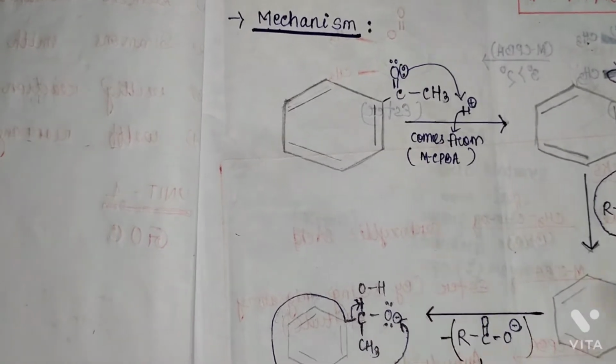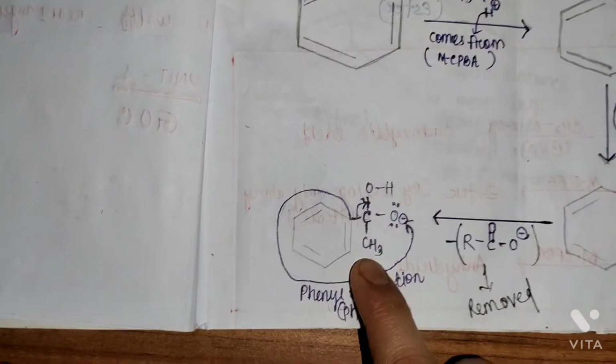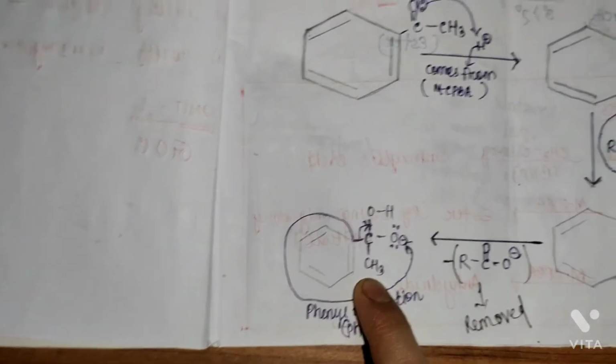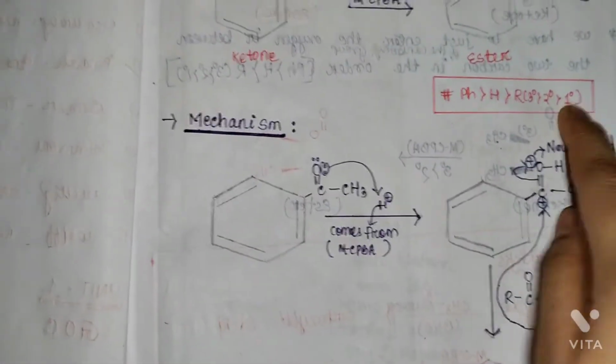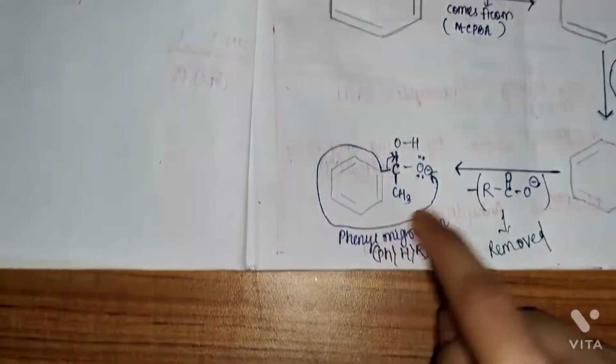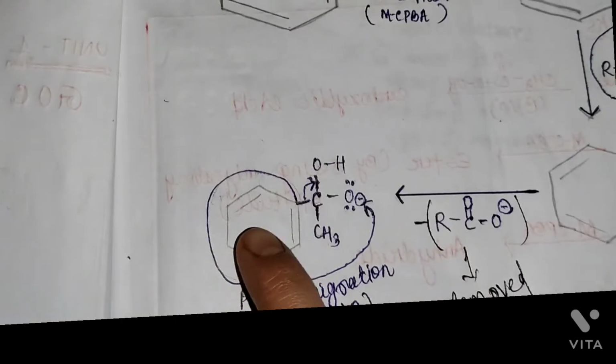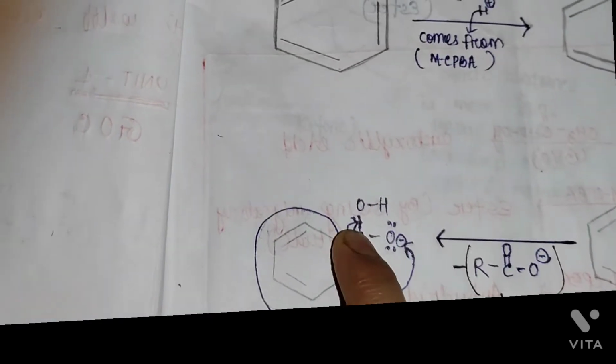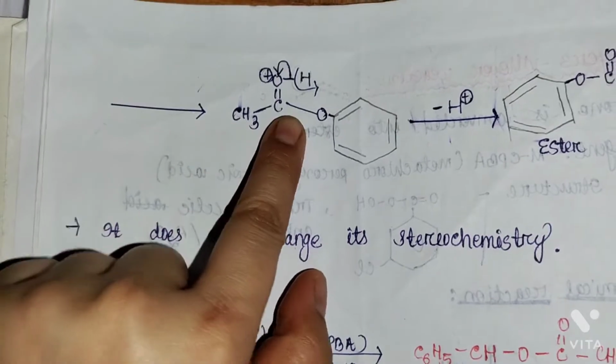As this is the primary alkyl group, according to the order the phenyl group will migrate. Hence this bond is shifted to here and the phenyl group is attached to the oxygen. Hence the product forms like this.